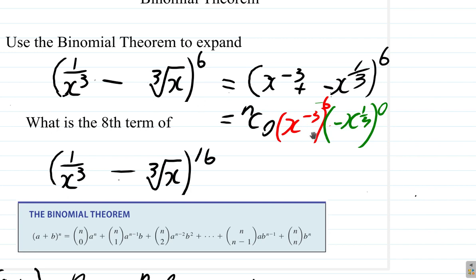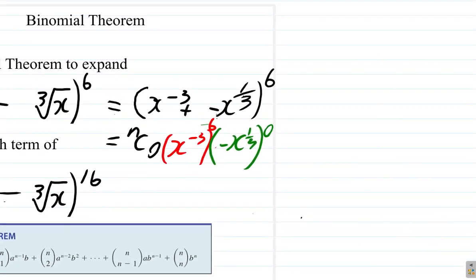Now, the next term, the plus, the next term for nC is not nC0 now, it's nC1. Then we're going to have nC2, nC3, nC4, and so on and so forth.